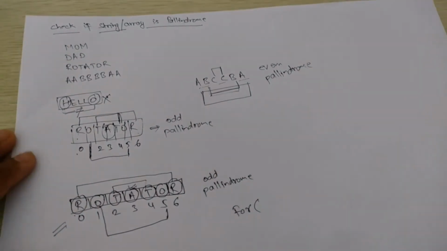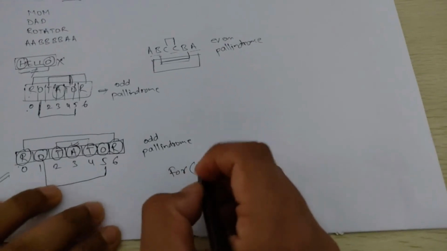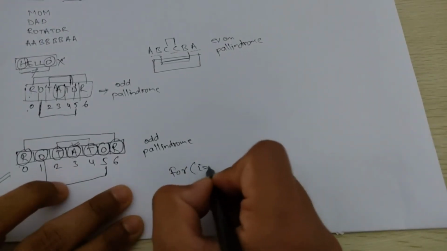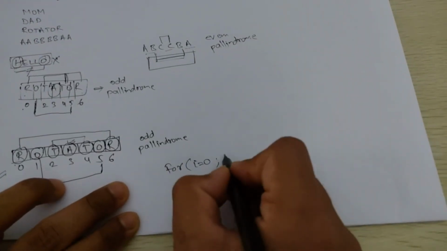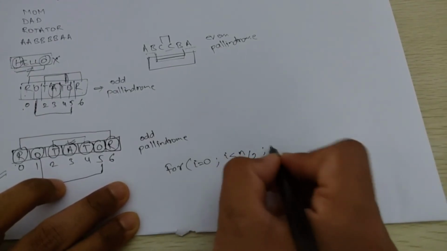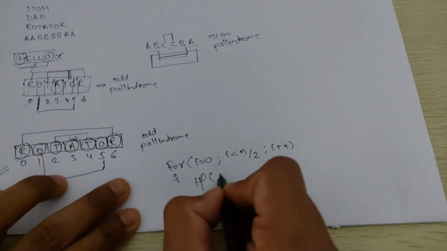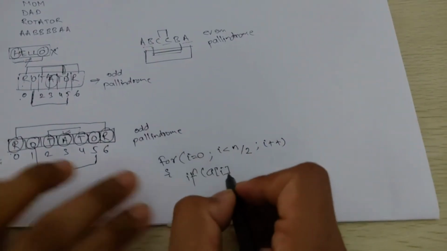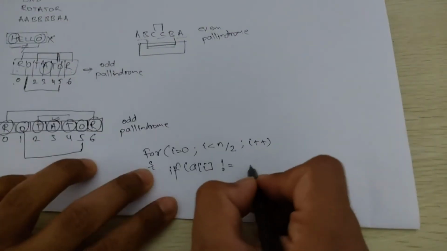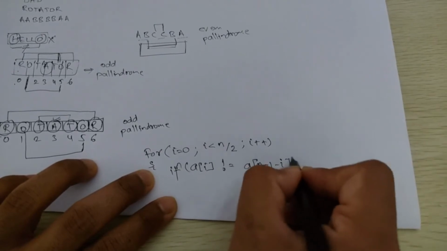Now let's write the quick code. We'll start the loop from the 0th position and run it till half of the word. Then we check if the character at the ith position is not equal to the character at n minus 1 minus i position.